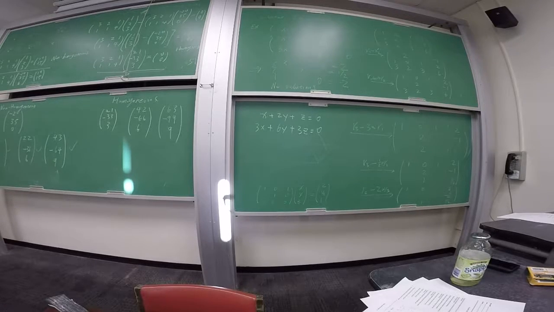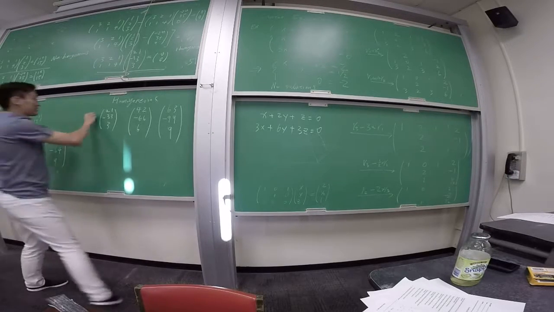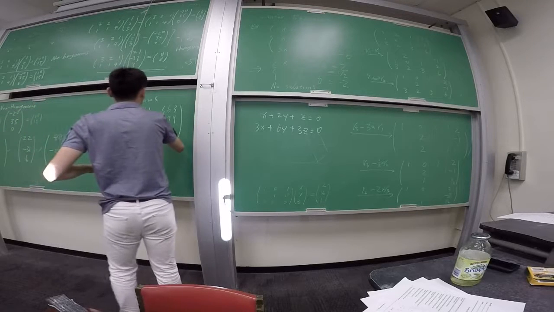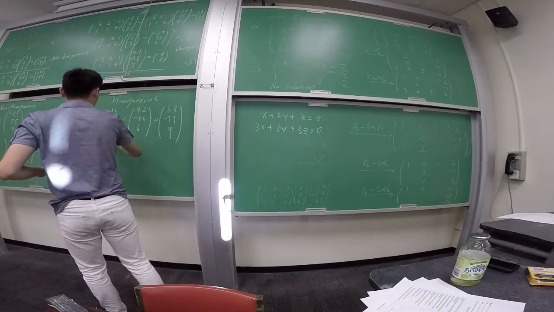Because the reason is very simple: if you name this matrix A, right, A times this vector will already give you 10, 15, right? And A multiplied by each of those guys gives 0, 0, 0, right?